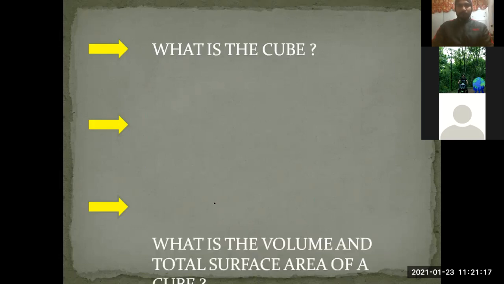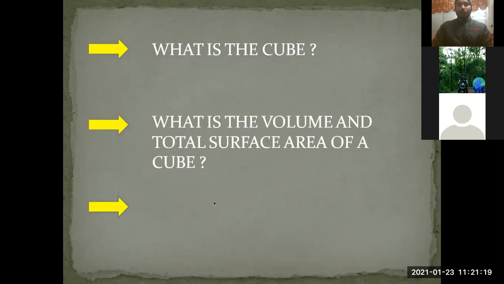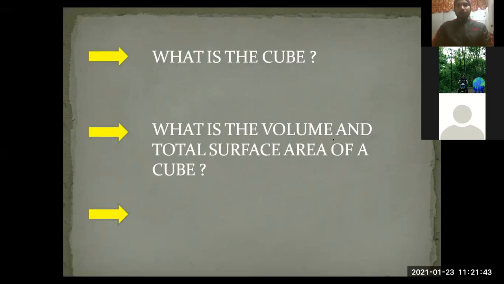So what is the volume and total surface area of a cube? Anyone? Samragi, unmute yourself. Yes, sir. The volume of the cube is L cube.